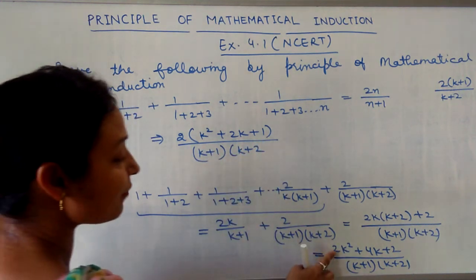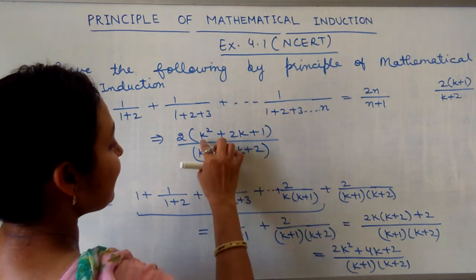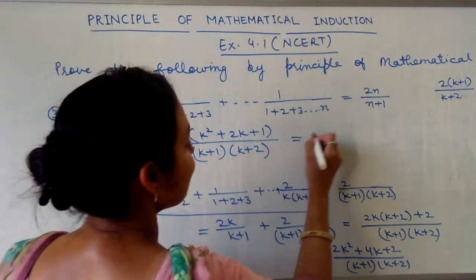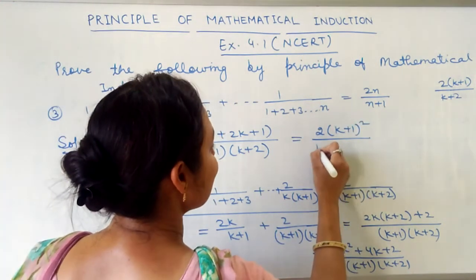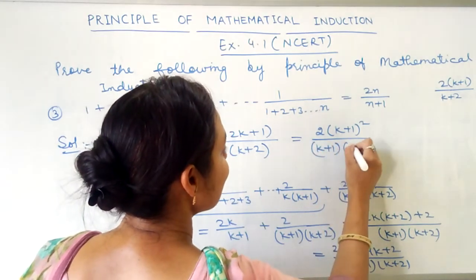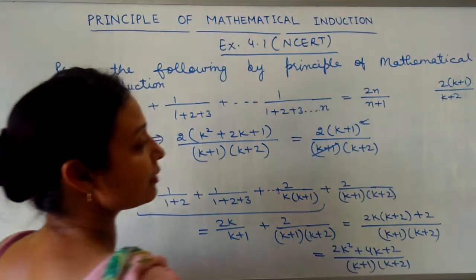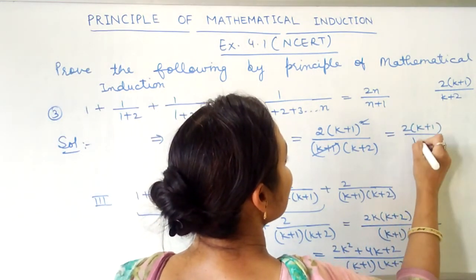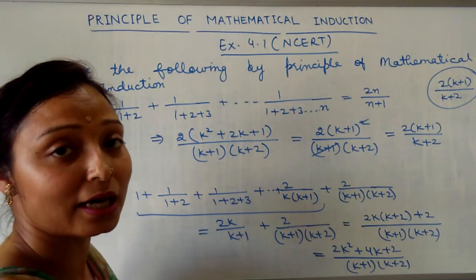After taking 2 common, this term becomes a square plus b square plus 2ab, that equals k plus 1 whole square divided by k plus 1 and k plus 2. I will eliminate one power of k plus 1 and we have 2 times k plus 1 upon k plus 2. Yes, we get the result which we got in our rough work.